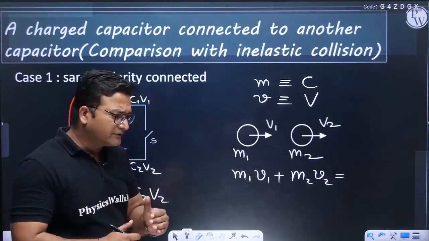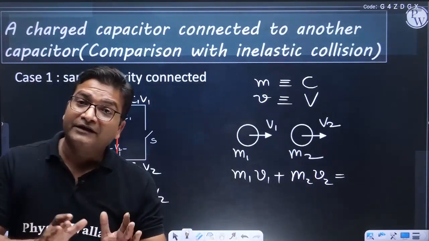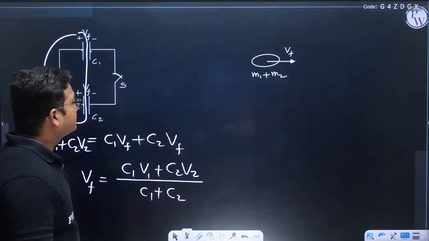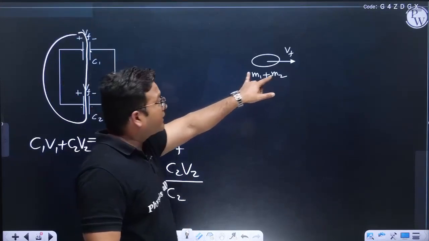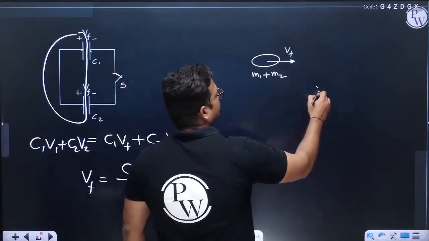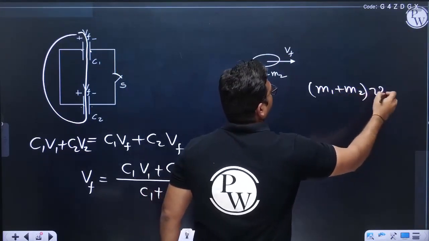Finally, after collision, when the two masses move together with a common final velocity, the momentum becomes m1 plus m2 times v final.